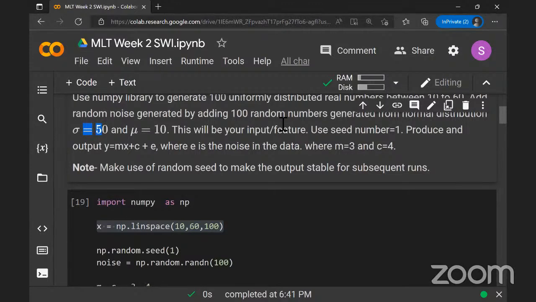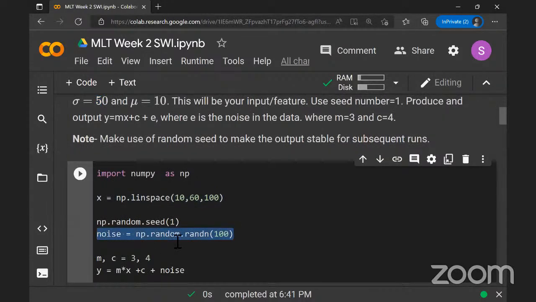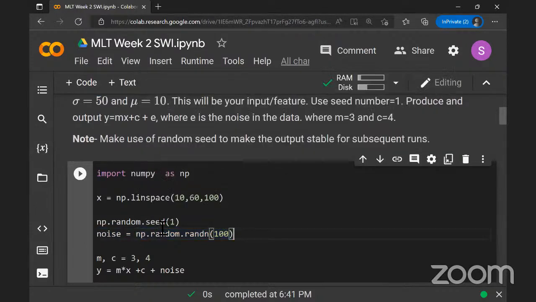How can we do this? So now we know that this is a standard normal distribution. This is how we are going to use it. But can we do some mathematical operation and convert this standard normal distribution to something that we want?